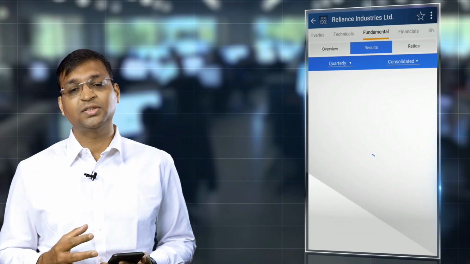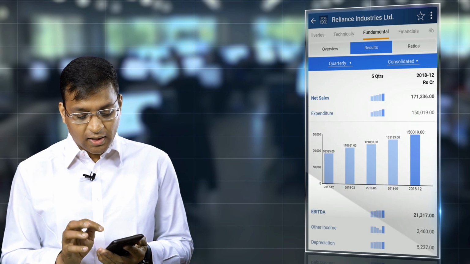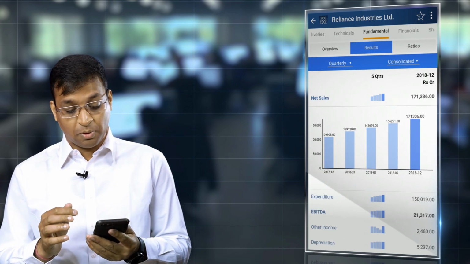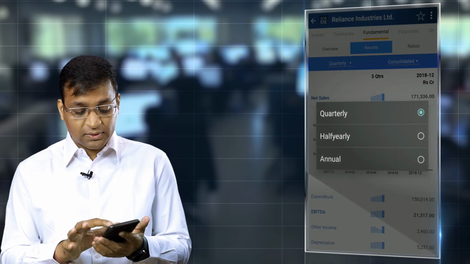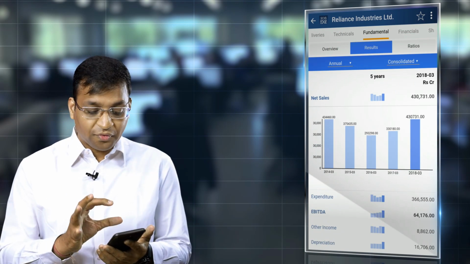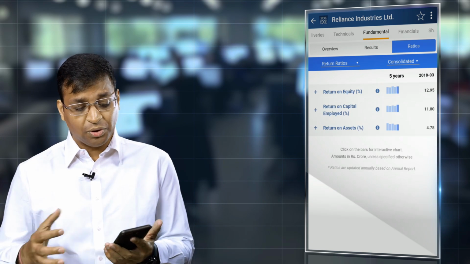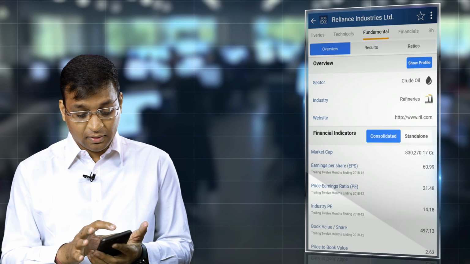Then you have the exhaustive research result tab, where you can click on any graph and see how the company has been performing on a quarterly, half-yearly, or annual basis based on the profit and loss account statement. And then you can actually do a ratio analysis.